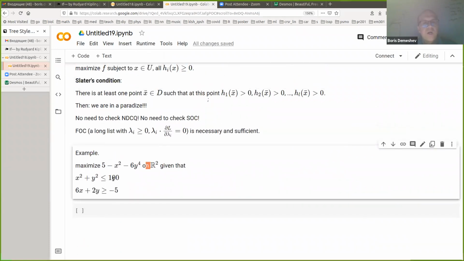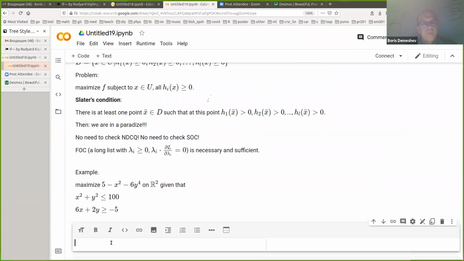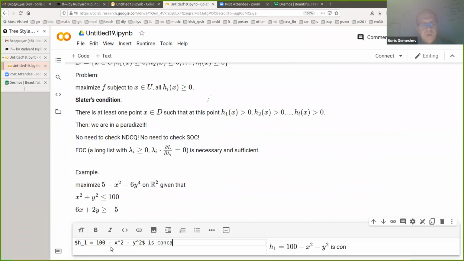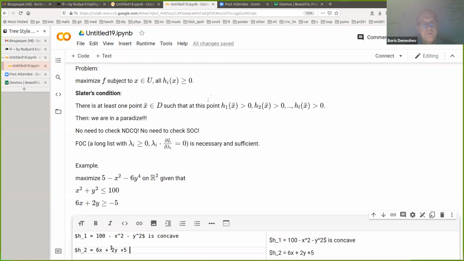Okay, what are my H1 and H2 in this problem? My function H1 is just 100 minus x squared minus y squared and is concave. My function H2 is 6x plus 2y plus 5. It's a linear function, and so it's also concave.